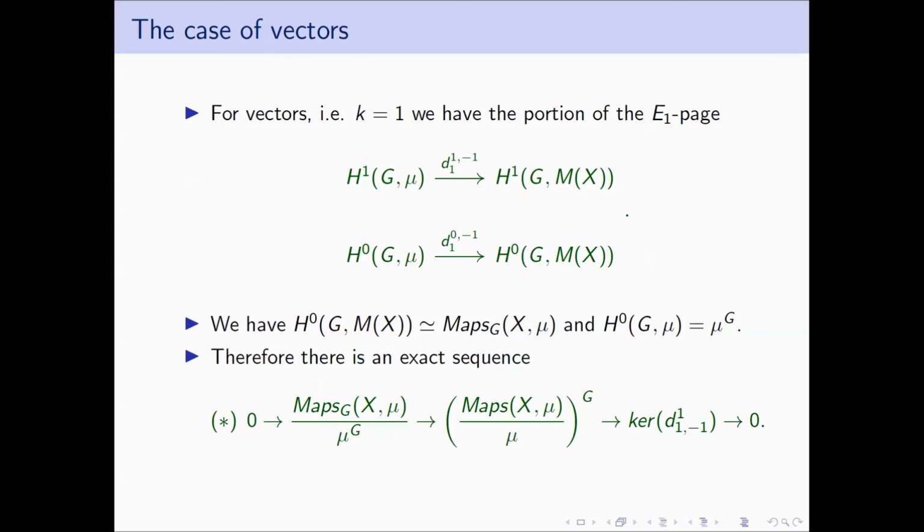So here we discussed the k equals 1 case, vectors, which can be obtained this way, but this is kind of an introduction. The really interesting case is when k equals 2. So this is what one gets after we derive the G direction, and there are two maps.